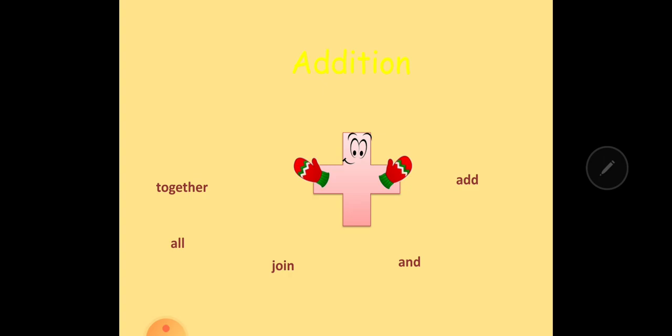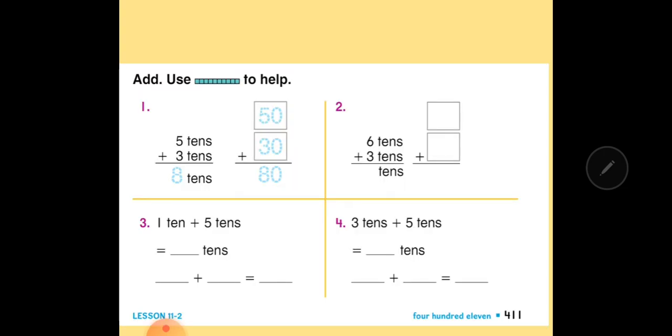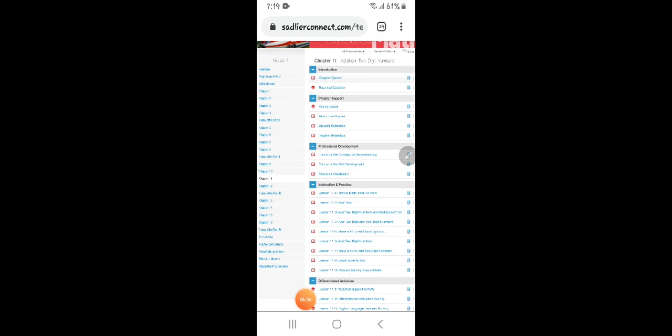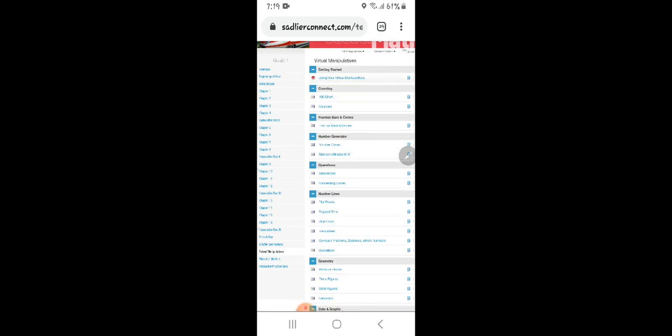Today we will talk about adding tens. It's a very easy lesson. Adding tens. Before we open the page of your book, we will try it on your manipulative. So please open your manipulative from the website of Sadlier. You have here virtual manipulatives.